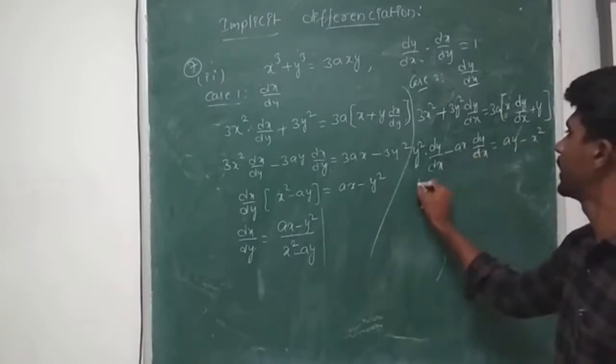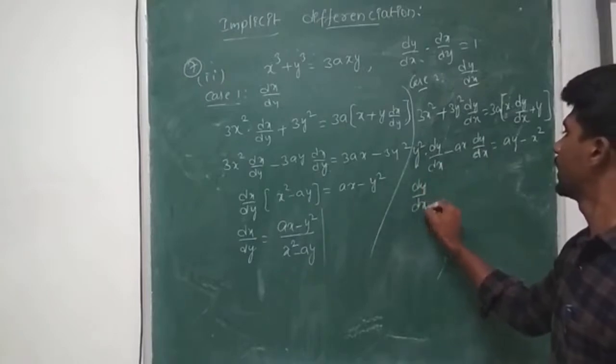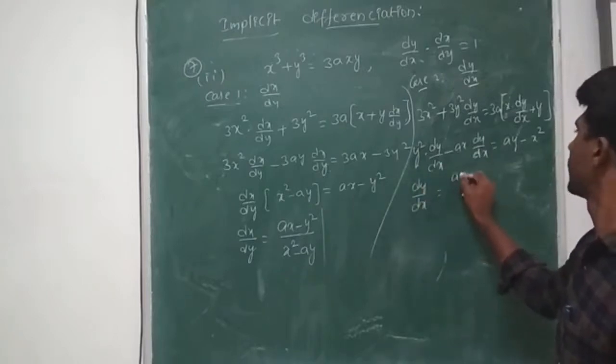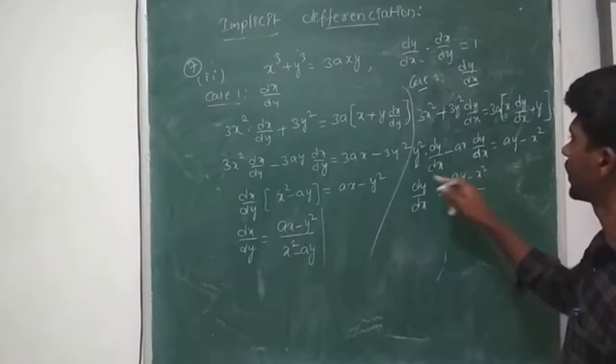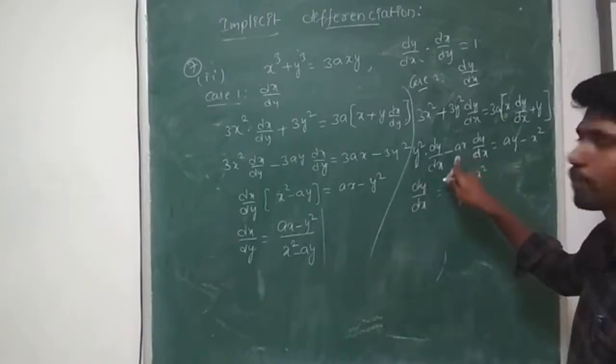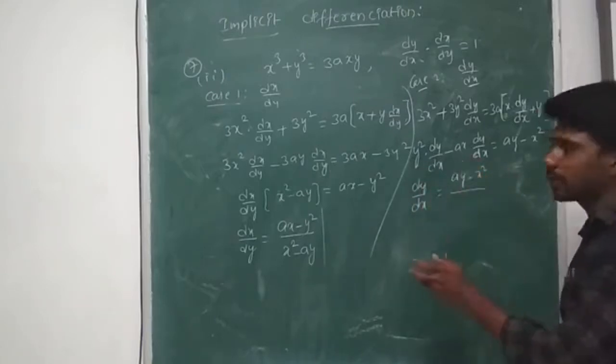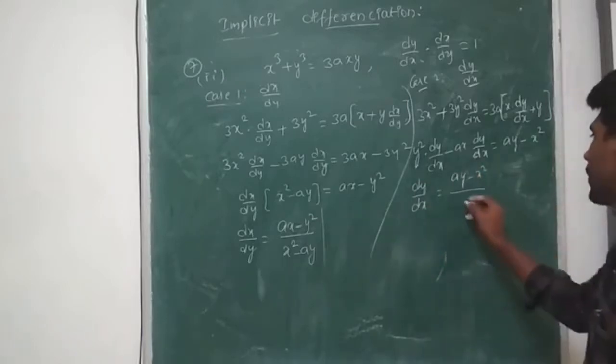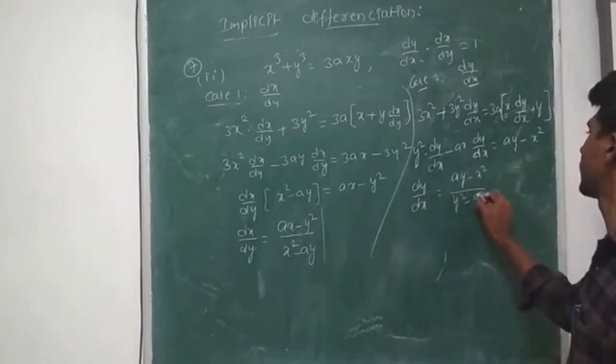So take dy by dx common, equal to ay minus x square. I took common, I have y square minus ax. That y square minus ax I am transferring to the right side. So what we get? Y square minus ax.